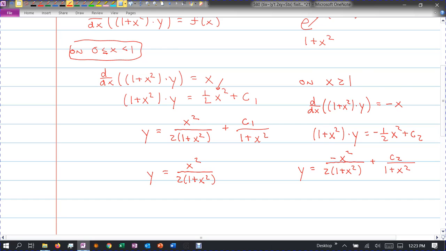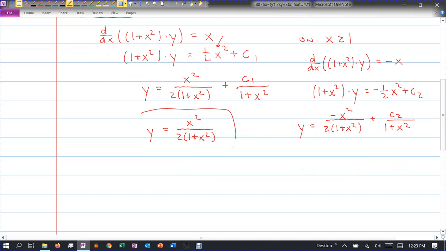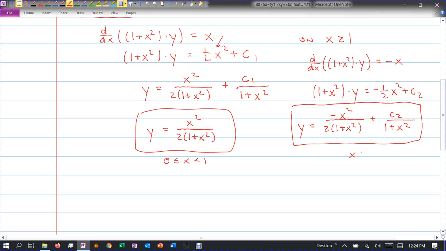All right, so far we have this guy and this guy. This is what it is on here, and this is what it is here. But we want them to be continuous, so we need to take the limit, and our discontinuity is at 1.